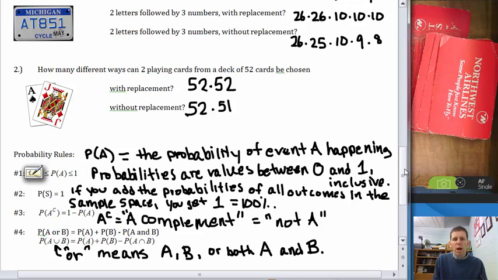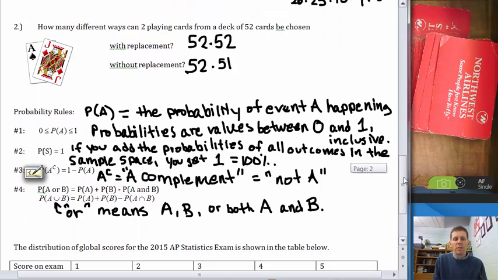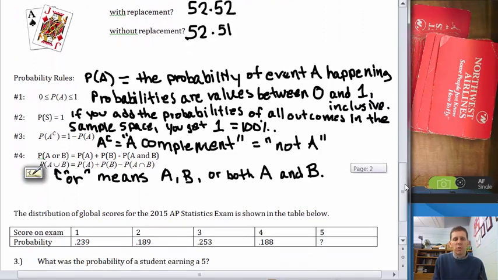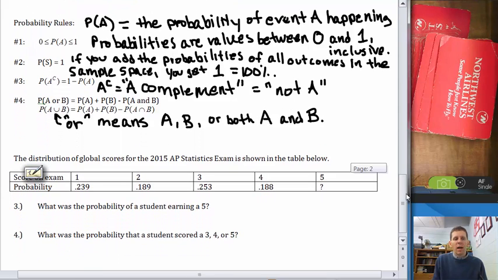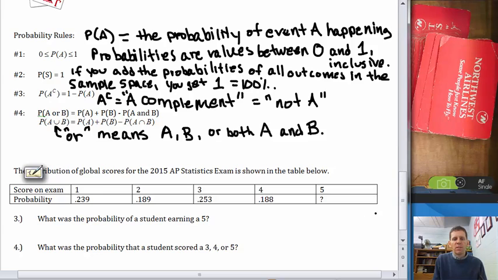These are some basic rules in probability, and you could use those probability rules to answer questions like the ones below. On this chart, we have a distribution of global scores for the 2015 AP Statistics exam. The score for 5 is missing here, and the question asked is what's the probability of a student earning a 5? You could probably figure that out because you know from Rule 2, all the probabilities should add up to 1.